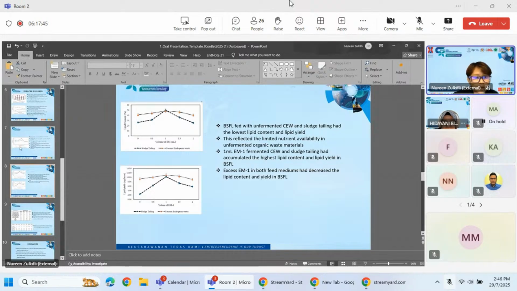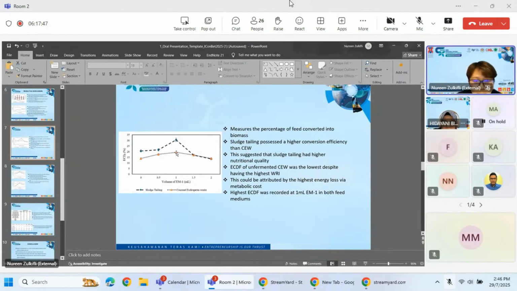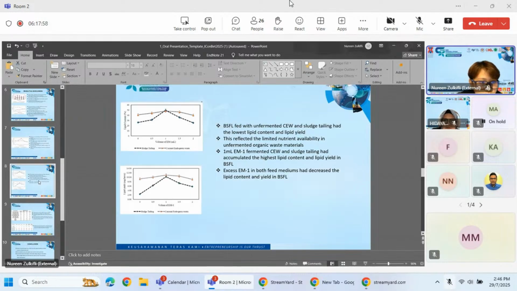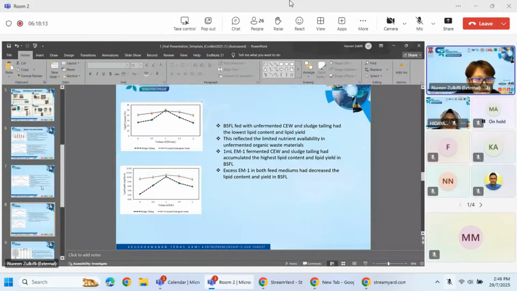And from here, you can see that 1 ml of EM1 in both feeding mediums had the highest value. To further confirm whether it is optimal or not, I did the lipid extraction and the calculation for lipid content. That's why I picked 1 ml of EM1 as the optimal condition.